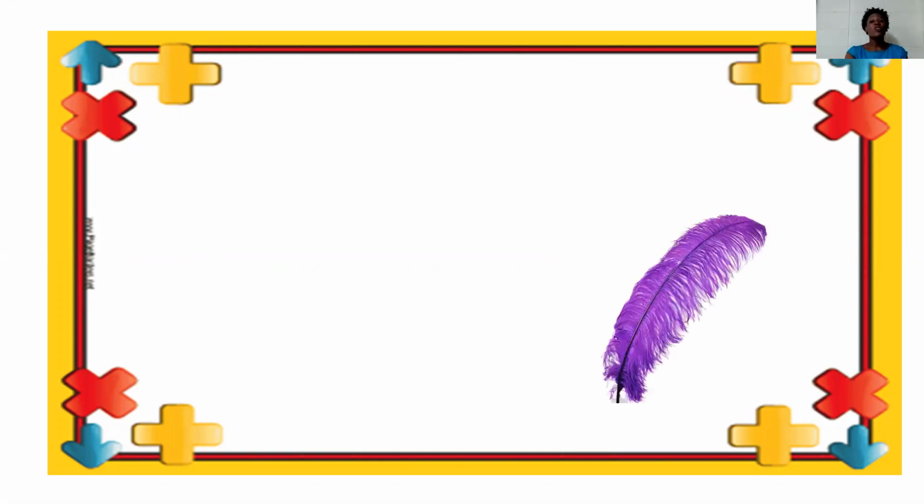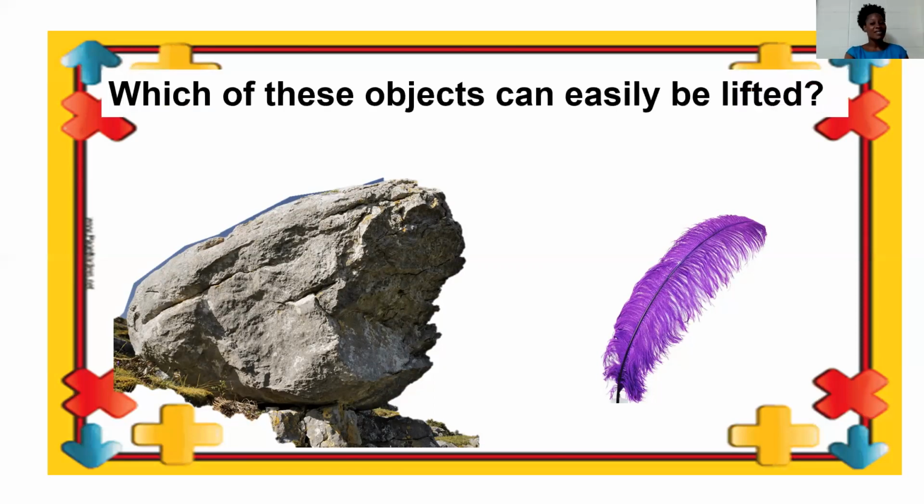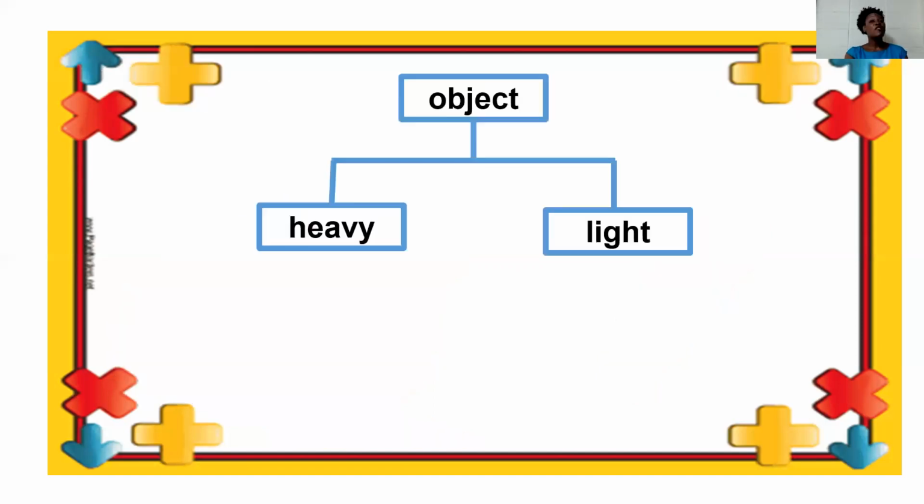Which of these objects are easily lifted and which one is not? Did you say the feather is easily lifted and the rock is not? Excellent thinking. You are correct. Now, how can we describe the feather since it is easily lifted?